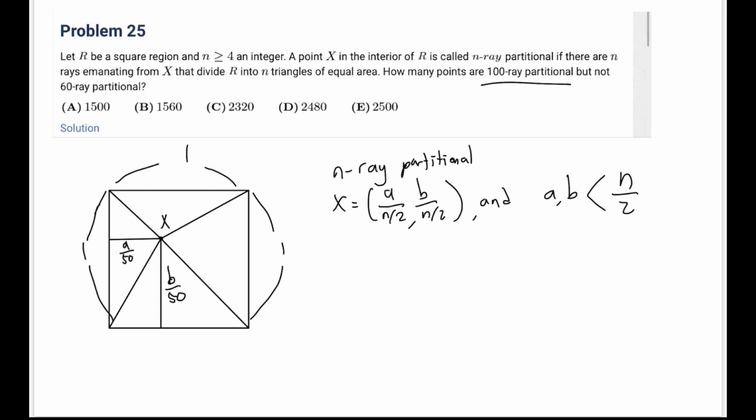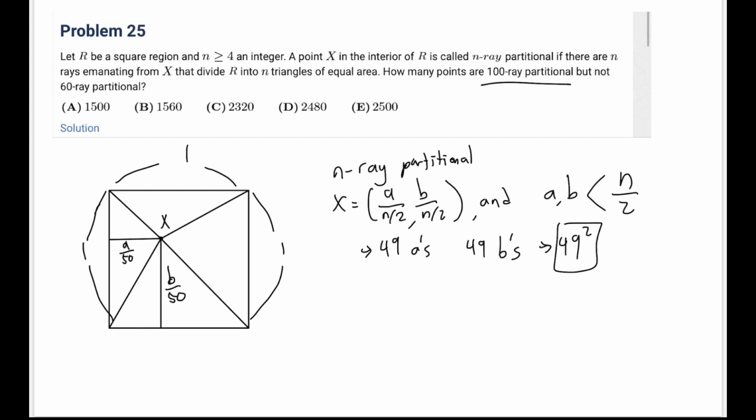If it's 100 ray partitional, then there are 49 possible A's and 49 possible B's. So there are 49 squared points that can be 100 ray partitional.